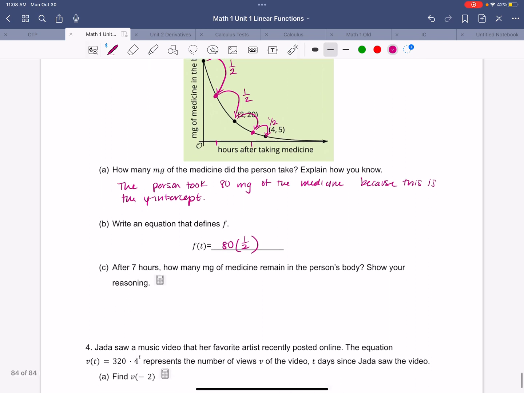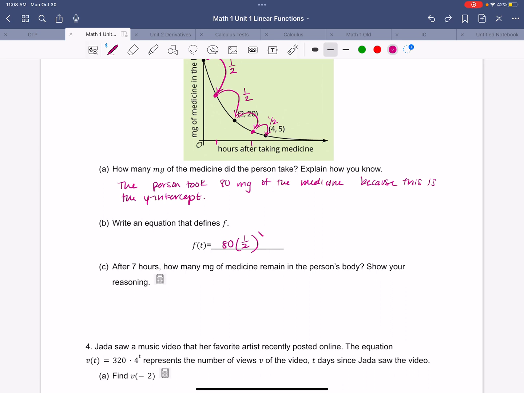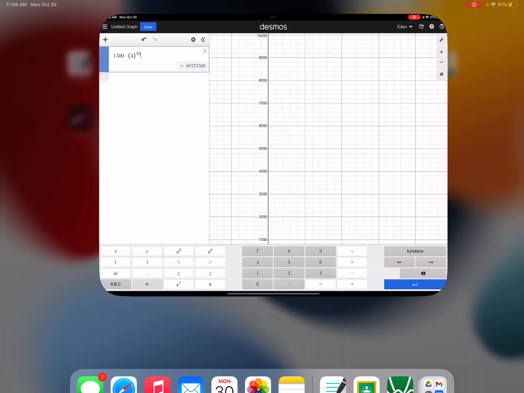Don't forget your exponent. It's not going to be x, it's going to be t because of this f of t. If I want to know what's happening at 7 hours, I take my function, plug 7 in, and use my calculator to evaluate that.